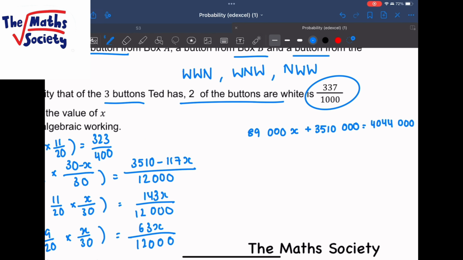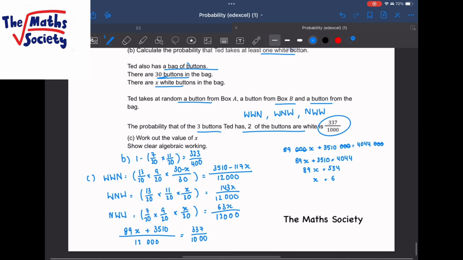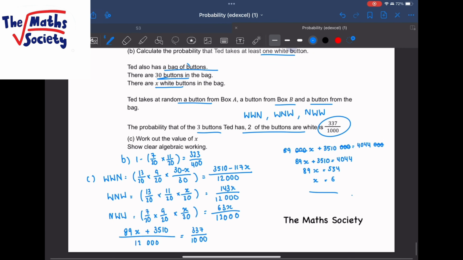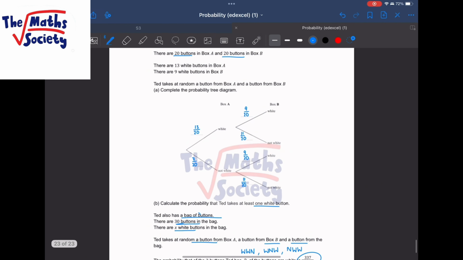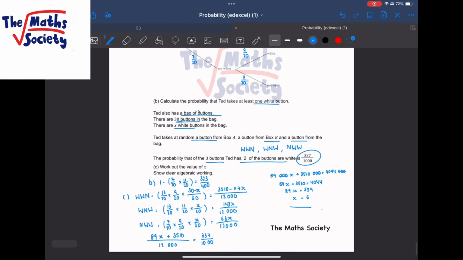Then you take out all these zeros. 89x plus 3510 equals 4044. And then 89x equals 534, and x equals 6. So now we get a value of x. Yep. So that should be it for today's video, and I'll see you in the next video as well.